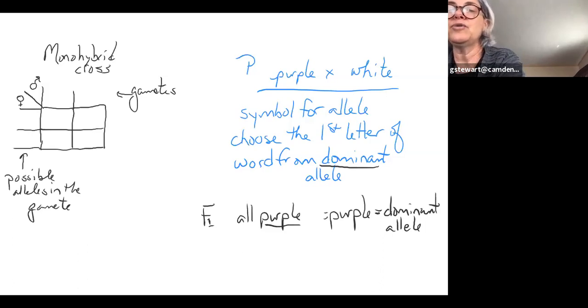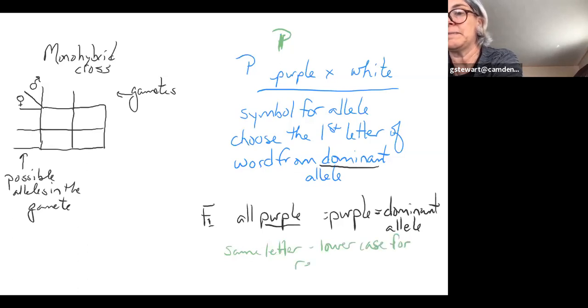So we're going to choose to represent purple up here the capital letter P. We're going to choose capital P to designate purple. And thus, we are going to choose the same letter, only the lowercase of that letter, for the recessive allele.